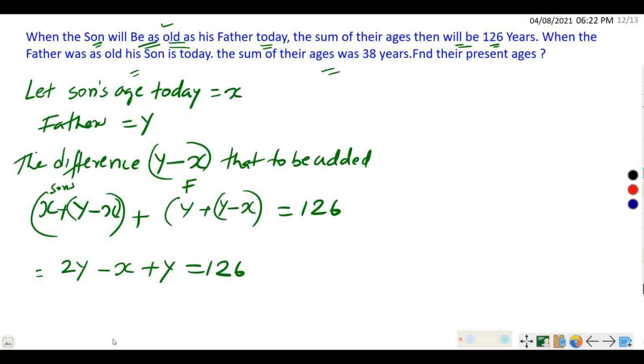This way it will come. You can pause the video and count x here, x minus x दोनों 0 हो गया, तो बाकी minus x बाकी है. Here is a y, 2y plus one more y, 3y. Okay, I wrote it separately, but it is totally like that. 3y minus x is equal to 126. This is the first equation I can say.